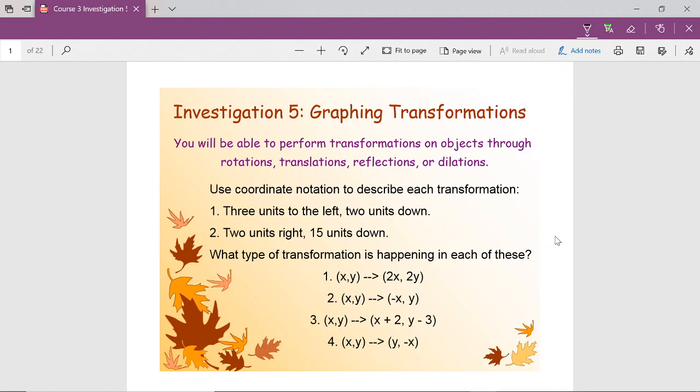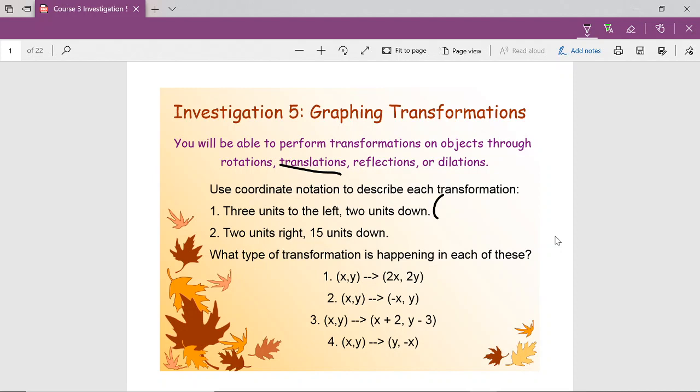So I actually would like to do this warm-up first. Use coordinate notation to describe each transformation. If I am doing 3 units to the left and 2 units down, I would consider this a translation because I'm sliding it. If I take a figure and push it and pull it and slide it, it's a translation.